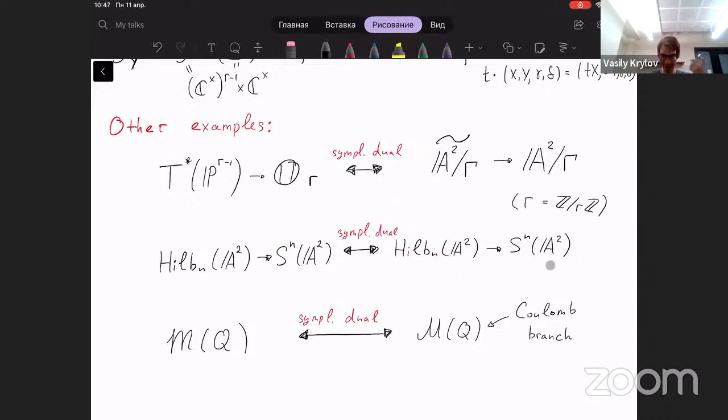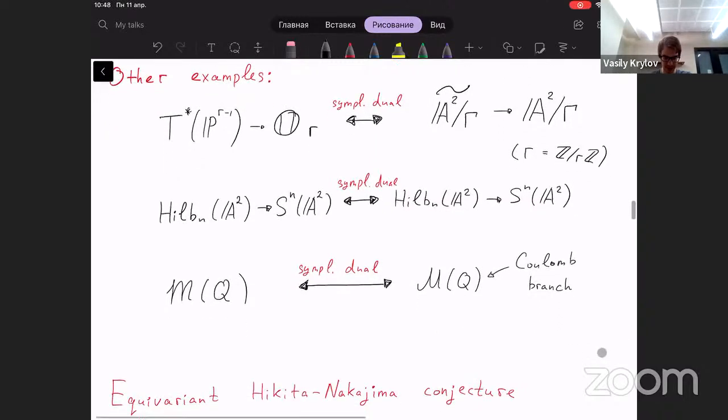And this is why we had this description of M_0(n, 1) as S^n of A^2. This is a consequence of self-duality. And the cases about which I didn't talk, the quiver varieties, should be symplectically dual to the corresponding Coulomb branch. Let me just put it here.